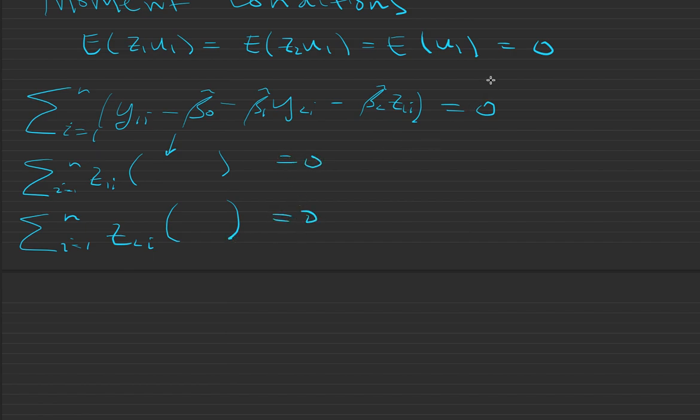So this last moment condition is solved by the sample analog in the first line. The moment condition here is solved by the sample analog in the second line. And this moment condition is solved by the sample analog in the third line.